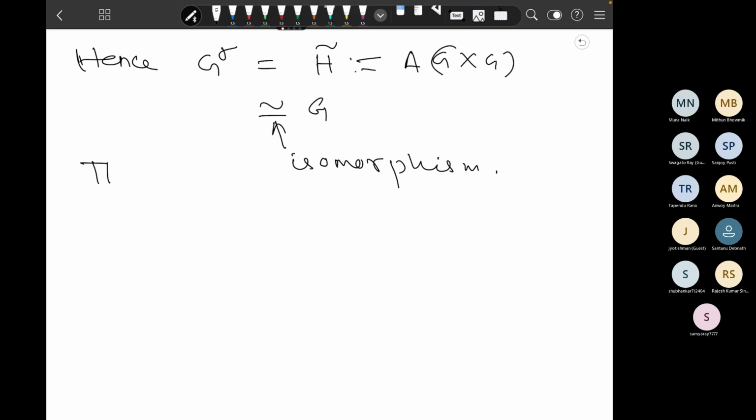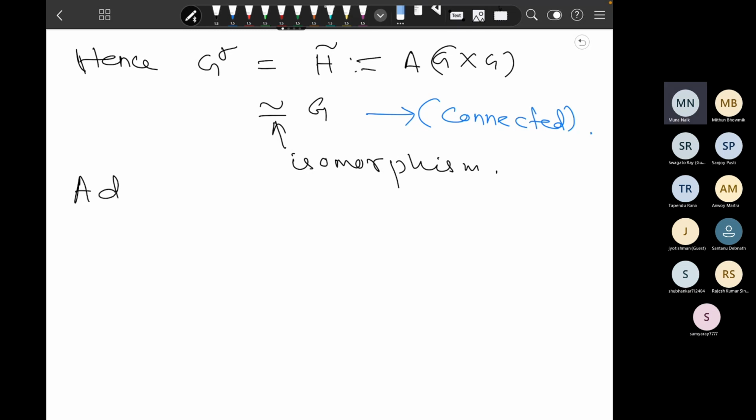Therefore, okay, therefore this implies this is connected, because G, we have assumed that this is connected. Now I want to really prove what is this Aut of G tilde, H tilde.